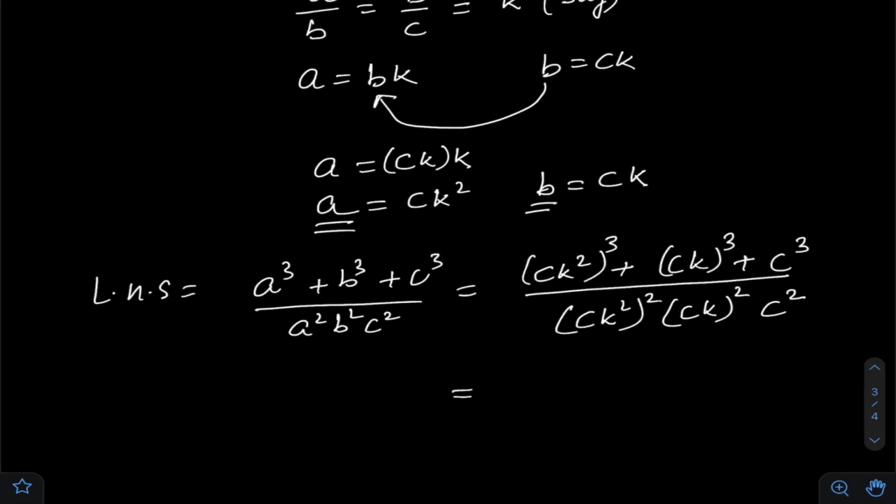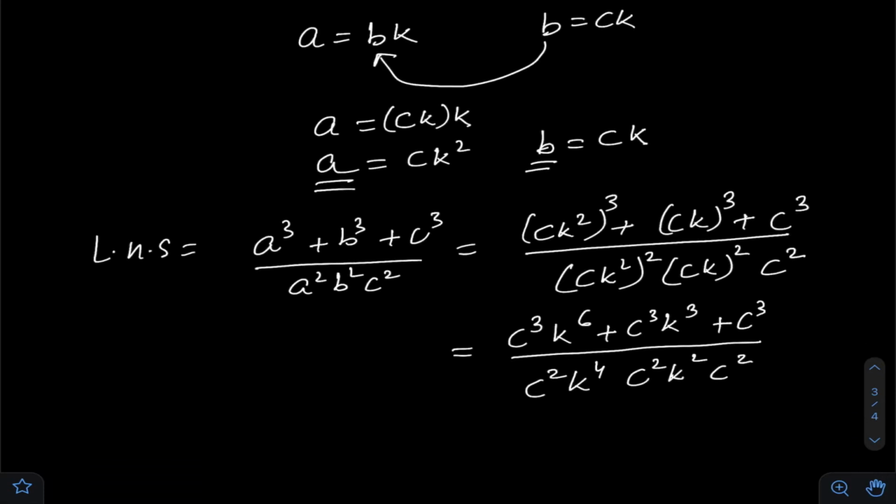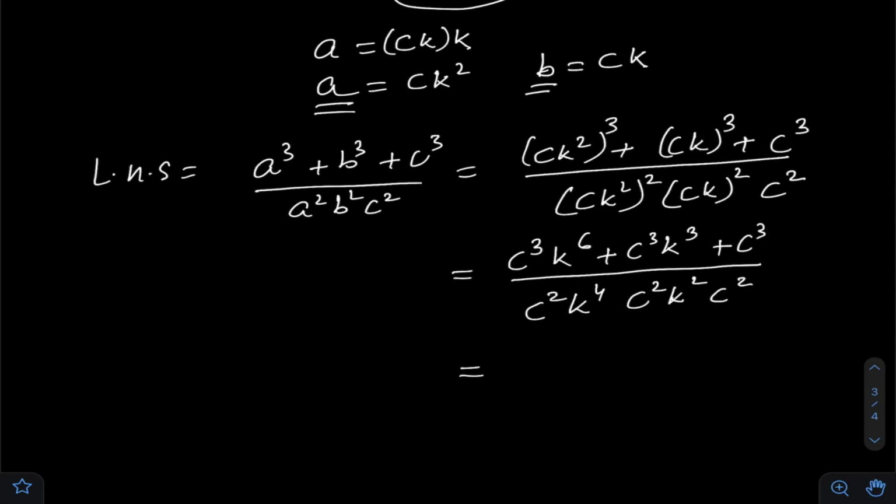Now here it is c cube k to the power 6, c cube k to the power 3 and c cube. What we have in denominator: c square k to the power 4, c square k square and c square. So you can see c cube is coming common in numerator.